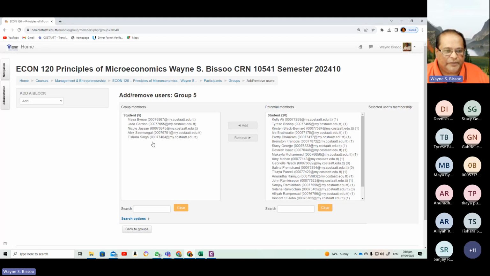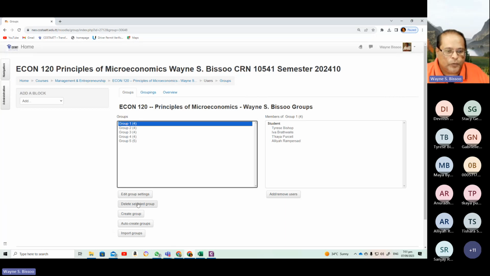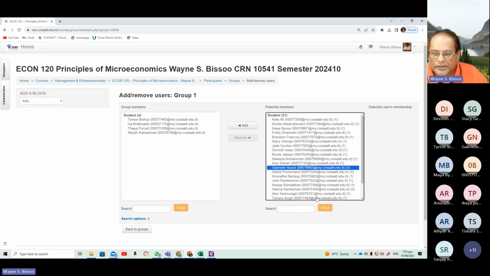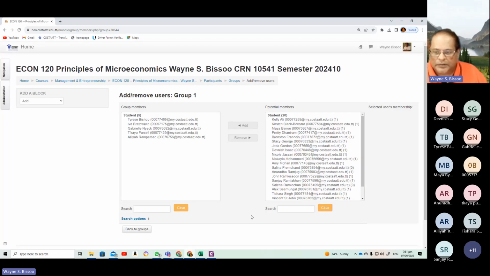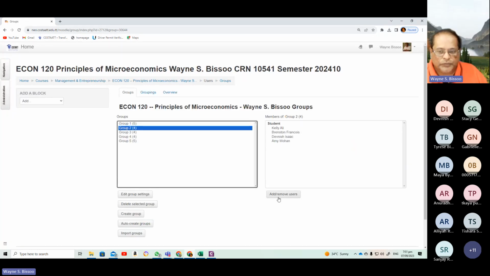All right, so there are 5 people in group 5. Let's go back to groups. Group 1. Nayak has not been assigned, so I'll add her. Back to groups. Group 2.